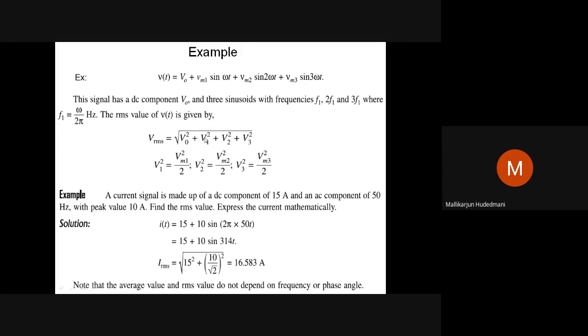1, 2, 3. Plus the DC, which is just the square of the DC. Add them under a root. That is the RMS value of a mixed signal.